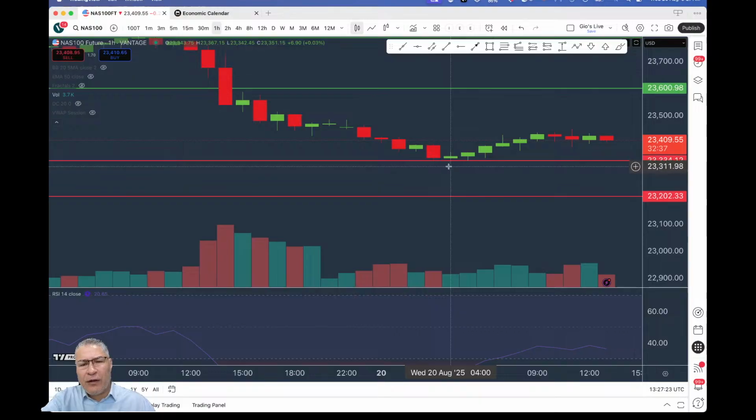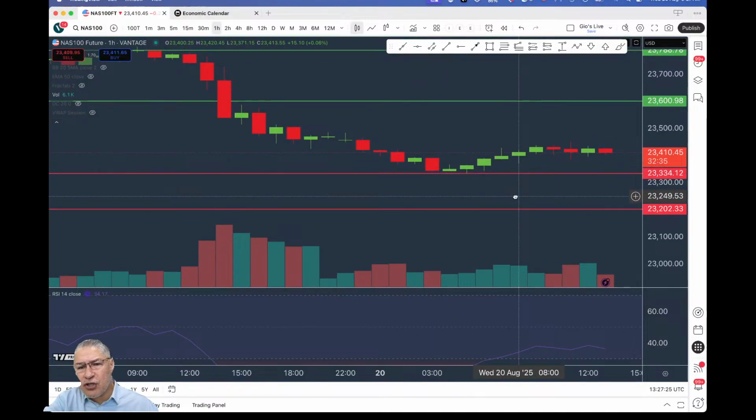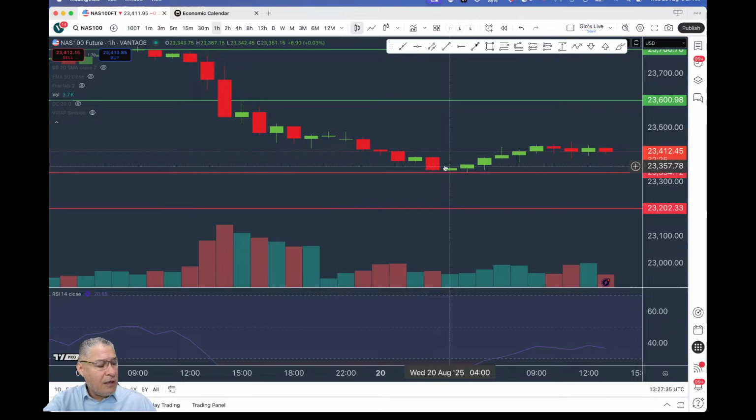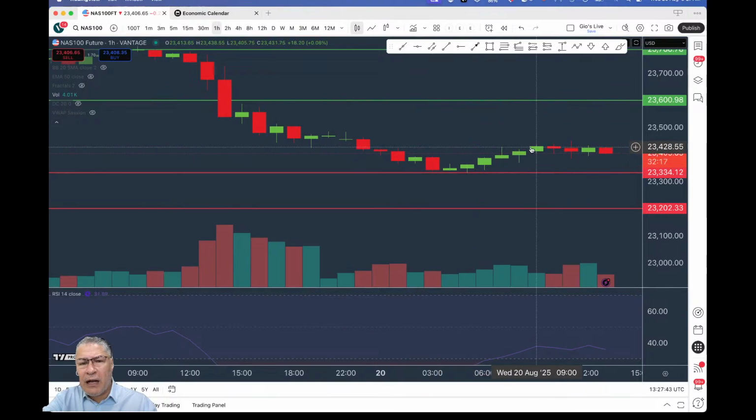In this particular chart, we see how the market has been on a downtrend, finding that low, basically identified the change of direction by a hammer, and the market fluctuating higher.